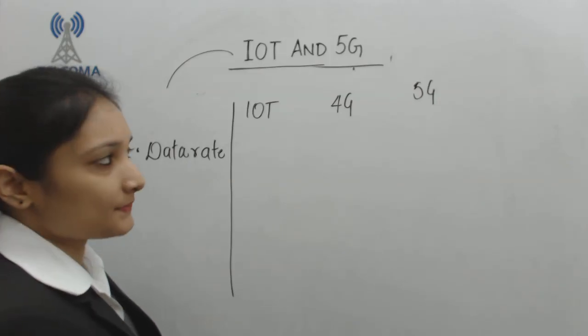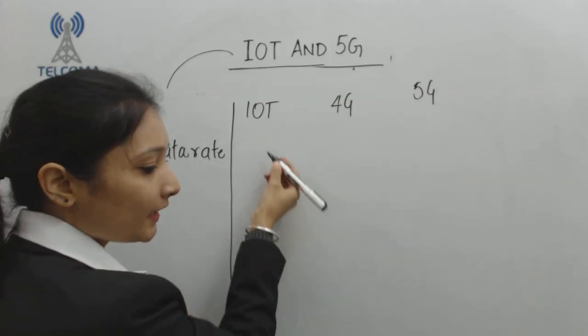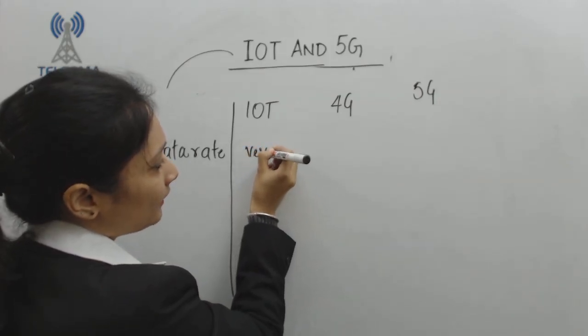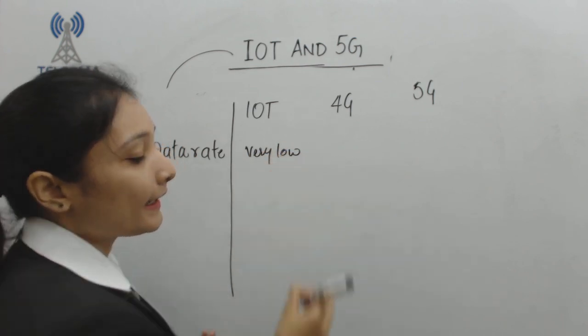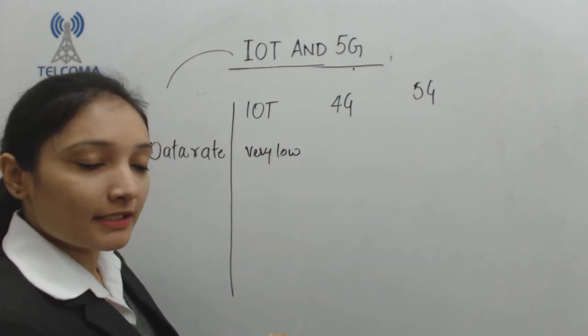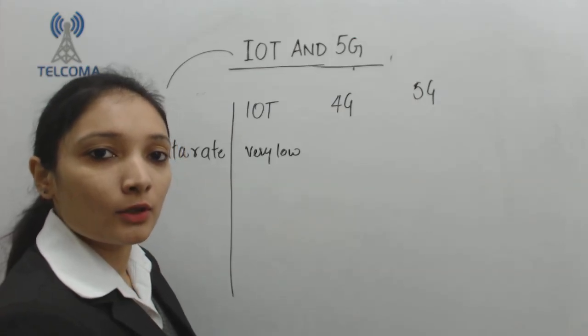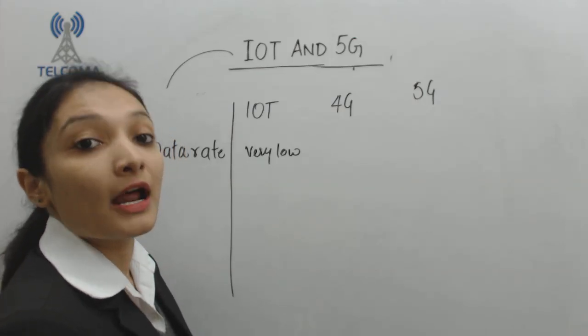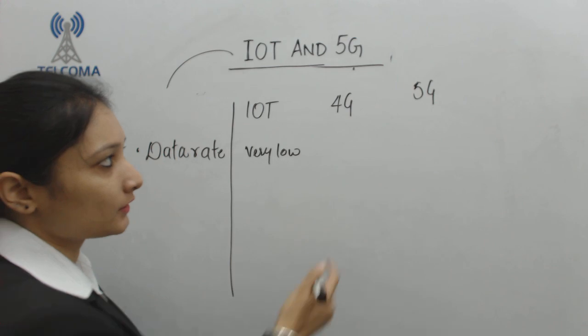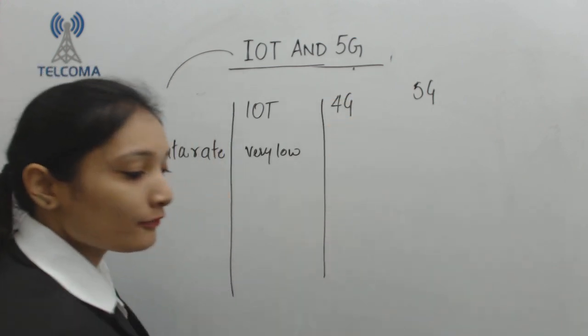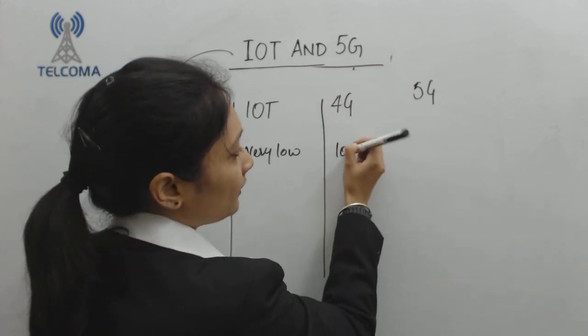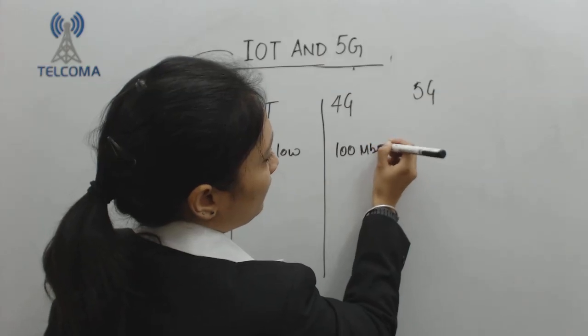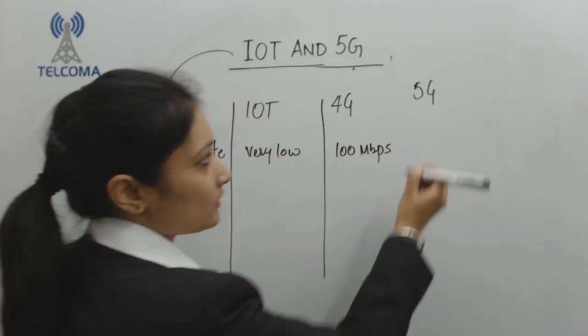For your IoT, this could be very low, because we know that the basic requirements of the Internet of Things are low throughput, low power, and low bandwidth. For your 4G, it could be 100 Mbps.